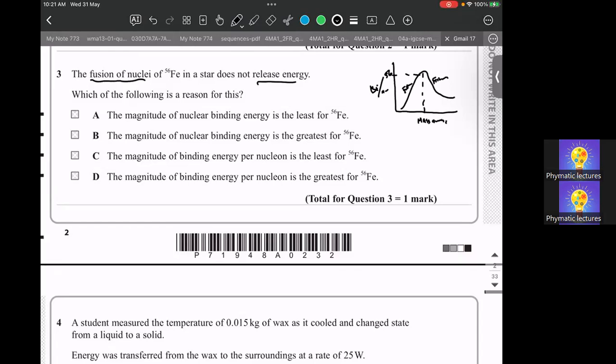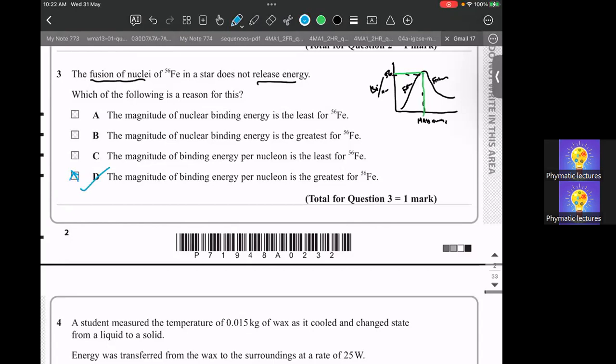So why is it not releasing energy? Because the binding energy per nucleon is maximum for Fe-56. So which is the correct option? The magnitude of the binding energy per nucleon is greatest for Fe-56. So option D is correct.